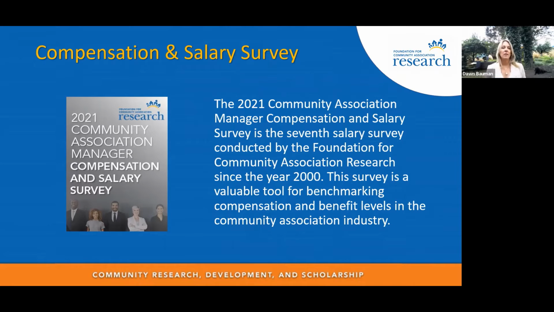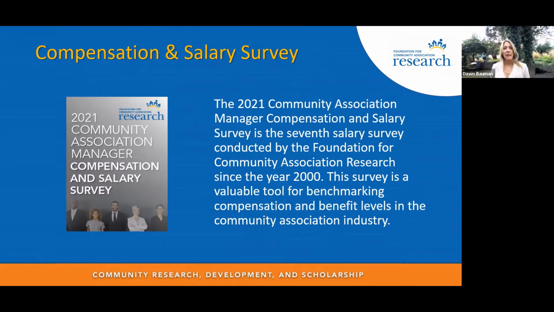What's really cool about this salary survey is we caught up with technology in that people can go in, put in their compensation and salary information, and they'll be able to pull their own report and benchmark their salary and compensation against others. They'll be able to pull it against others, not individually, but on an aggregate level, of course, regionally, based on job description, based on credentials that have been earned, and other filters. So this is super exciting.